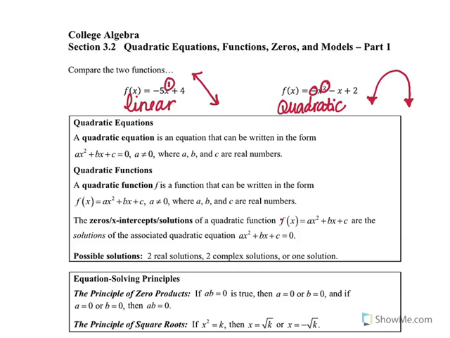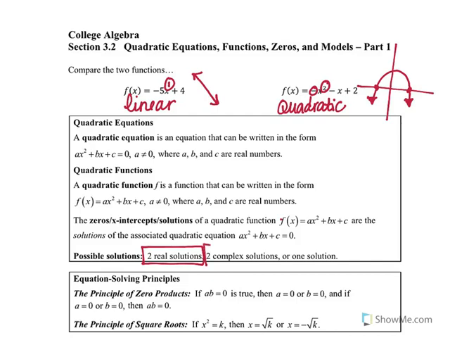When I have a quadratic, I have one of 3 options for solutions. I can have 2 real solutions, where I can see along the x-axis where my graph is crossing the x-axis.